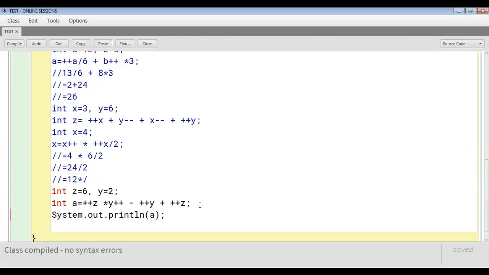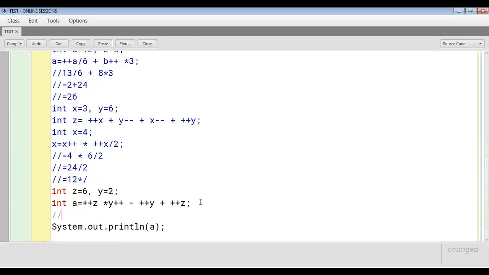Okay, so look at it. All of you again pay attention. Plus plus z. What's the initial value of z? 6. Plus plus z will make it 7 because it's a prefix. So 7 into y plus plus. Now what's the value of y? Y is 2, but plus plus will make it 3 later on.